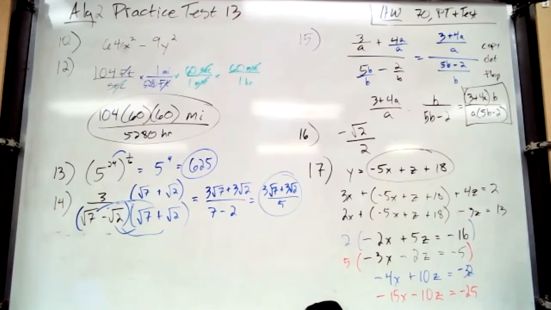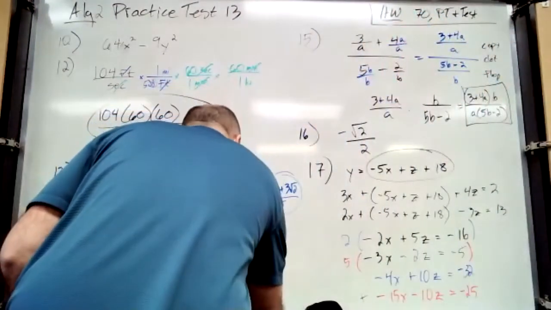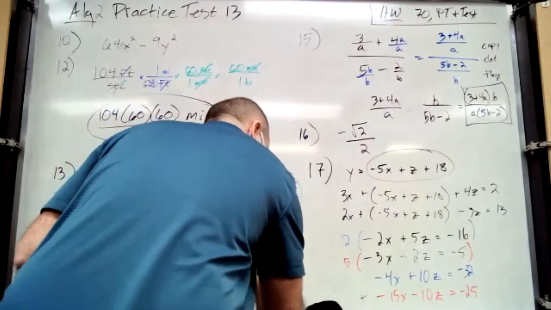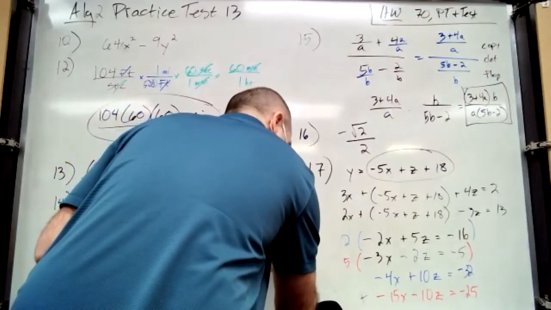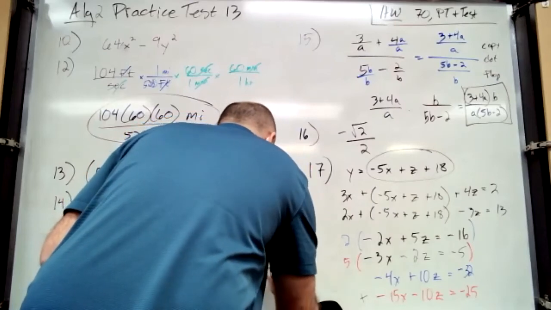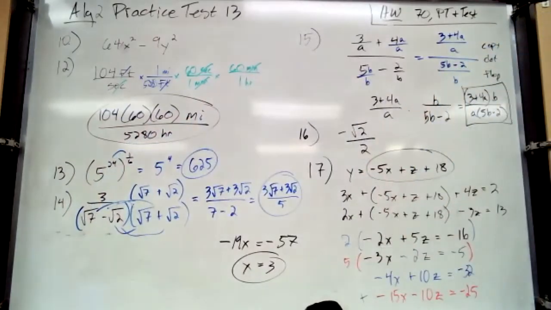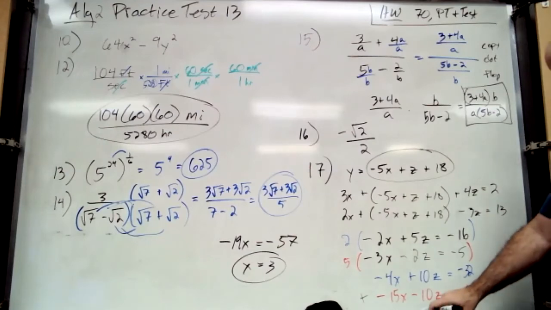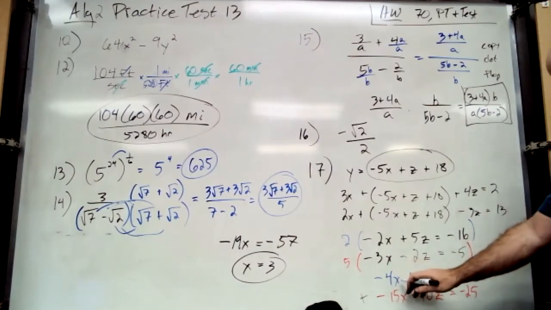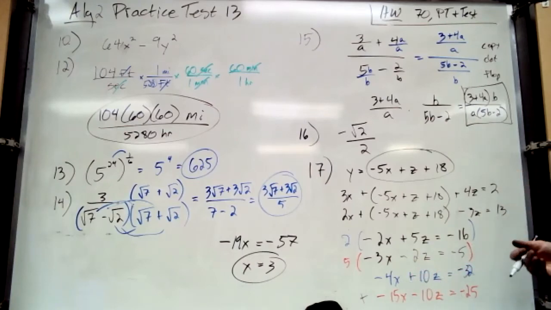So when you add them together, the resulting equation is negative 19x equals negative 57. So x equals a positive 3. Now you can work your way back up and figure out everything else. So if x equals 3, that's negative 12. So z has to equal negative 2.